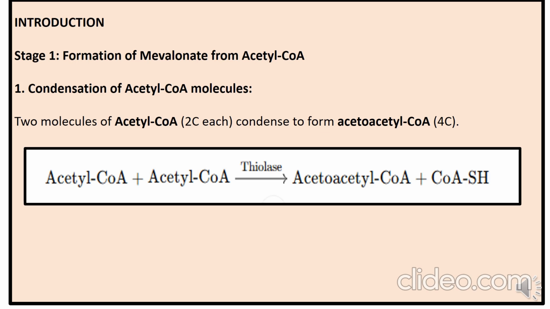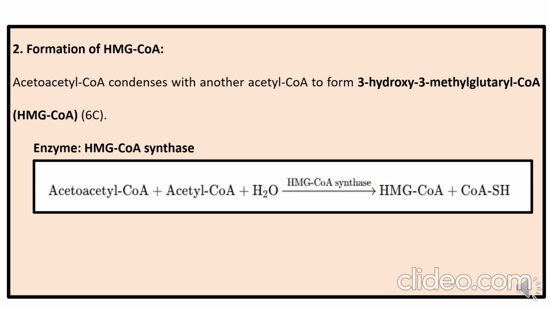In the reaction, acetyl-CoA plus acetyl-CoA under the influence of the enzyme thiolase results in the formation of aceto-acetyl-CoA along with coenzyme A, which has a sulfhydryl group. The second step in cholesterol biosynthesis is formation of HMG-CoA.